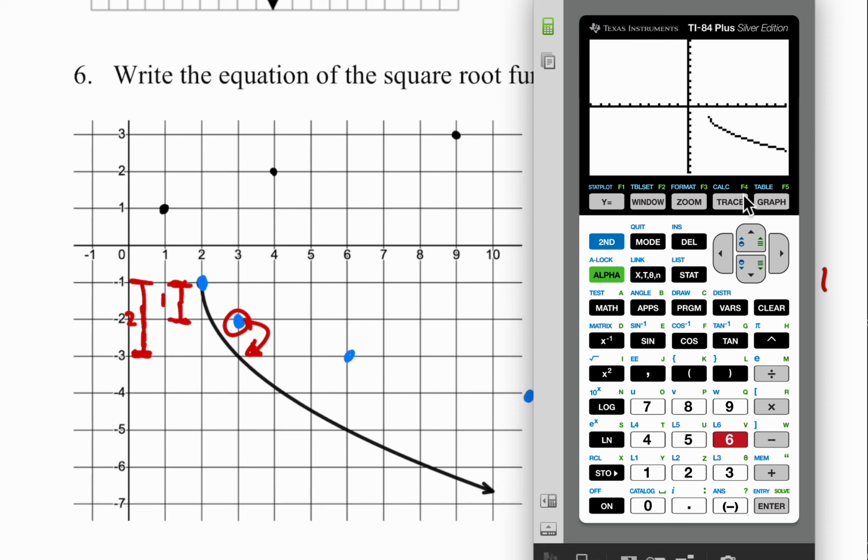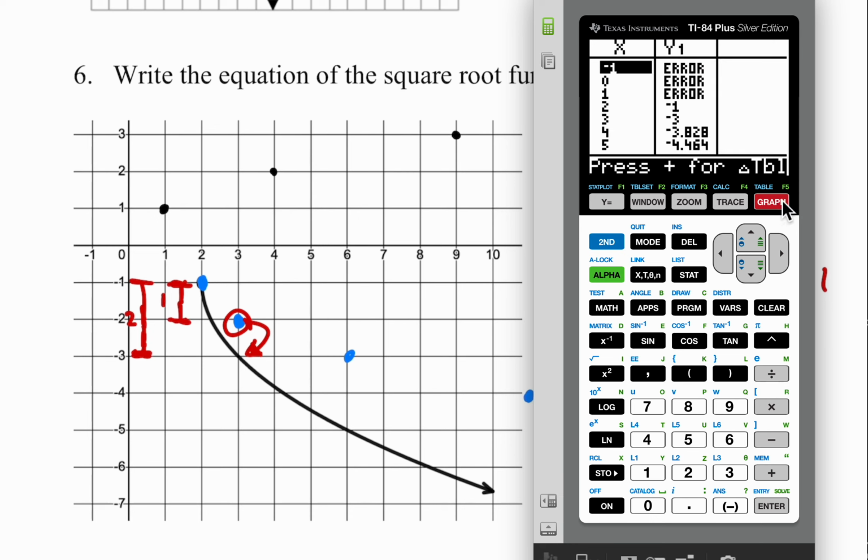Sometimes it's like, well, I think it kind of looks okay, but I'm not 100% sure based off scaling. That's when you go into the table of values. So second graph, you'll see a lot of error because you're not going to be able to take the square root of a negative number. So we ignore all of those possible outcomes.